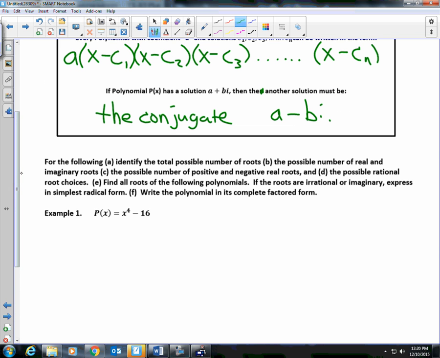So, what we're going to do now is we are going to identify the total possible number of roots. We're going to identify the possible number of real and imaginary roots, the number of positive and negative reals, the possible rational root choices, all the roots of the following polynomials, and we are going to write the polynomial in complete factored form.